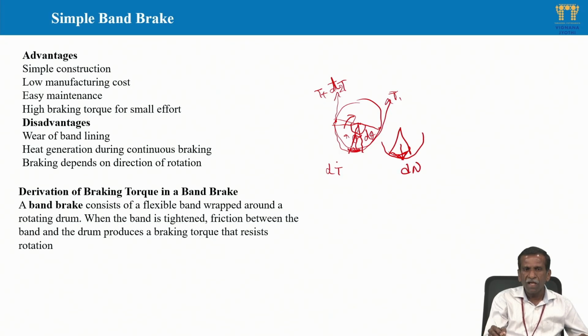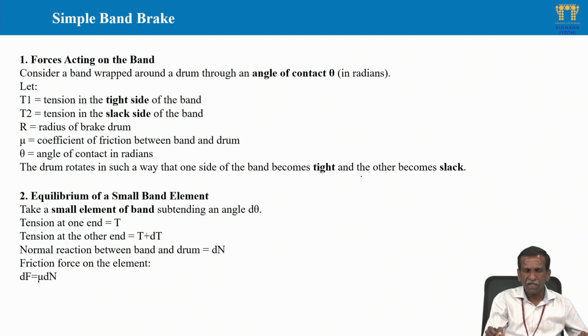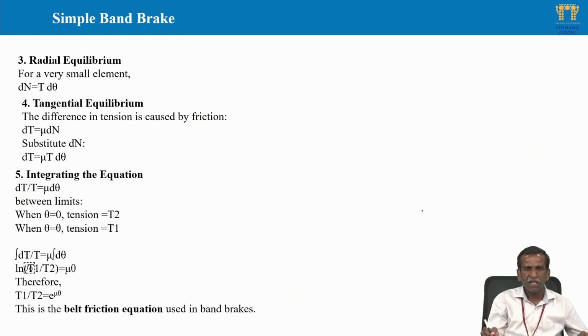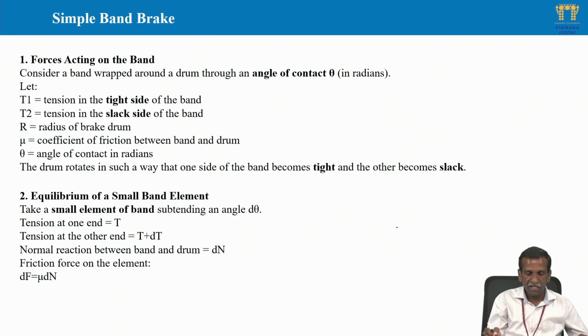Then the frictional force on the small contact area is, as usual, dF equals mu dN. Then what is dN? First of all, we can write dN in terms of dT.